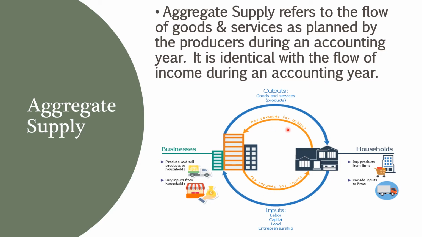We know that the accounting year starts from 1st of April of one year to the 31st of March of the next year. Whatever pans out during this period in the economy in terms of production of goods and services is included in the value of national income, which is the same as aggregate supply.